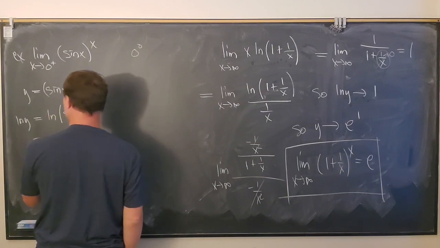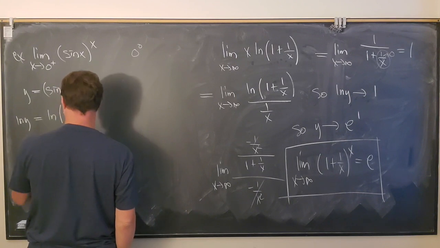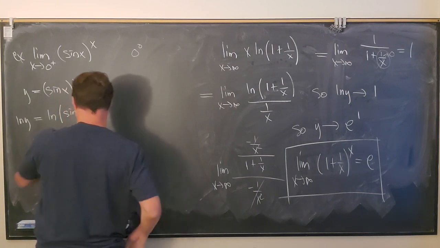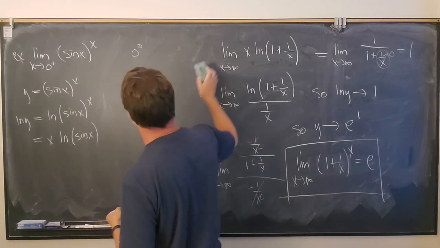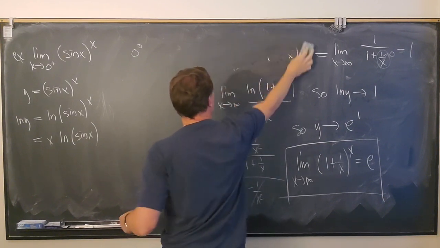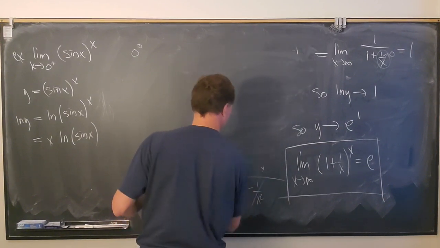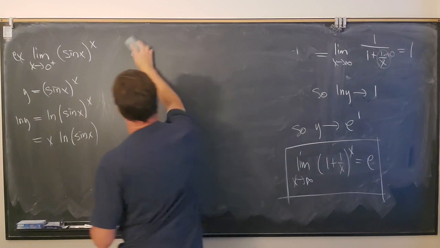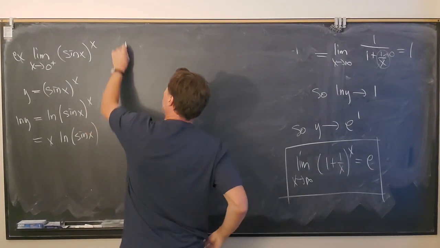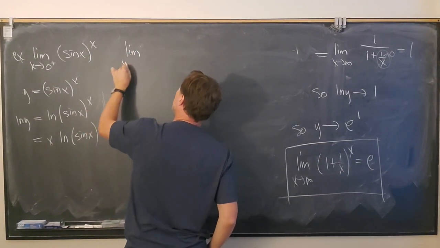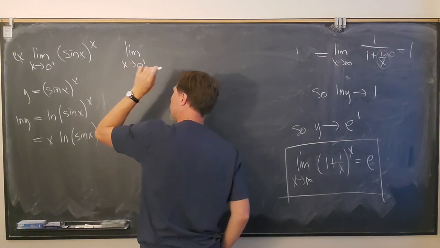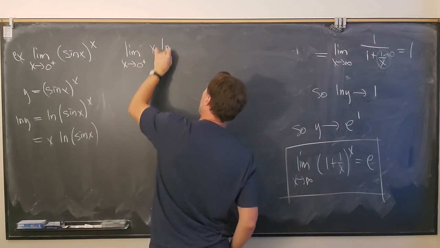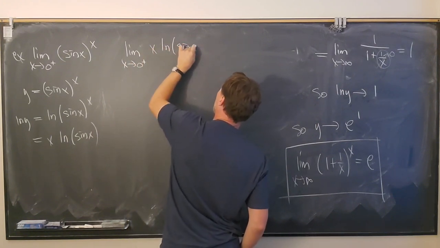Simplify using rules of logs. And so now we're looking at x times natural log of sine of x. So I'm going to compute the limit as x approaches 0 from the positive side of x natural log sine x.